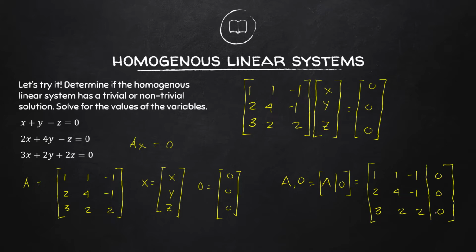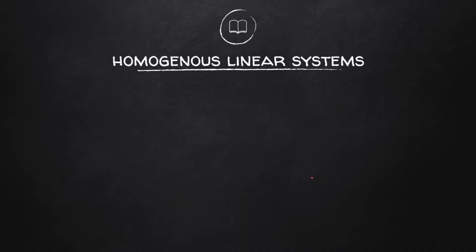So let us try to solve this using the ordinary elimination method. I just showed you the augmented matrix of this system, but let's try to solve it using the ordinary elimination method.